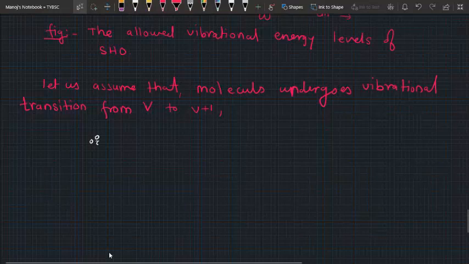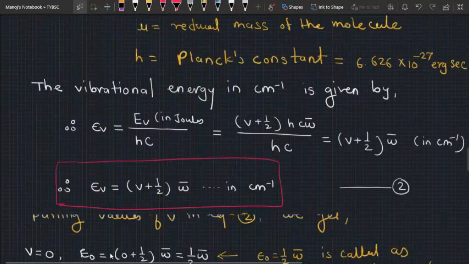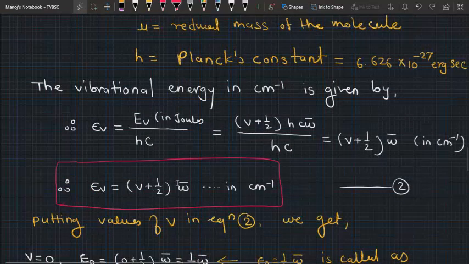Therefore, delta epsilon is equal to epsilon v plus 1 minus epsilon v. Let us put in the values we have calculated. Epsilon v is equal to v plus 1 half omega bar.